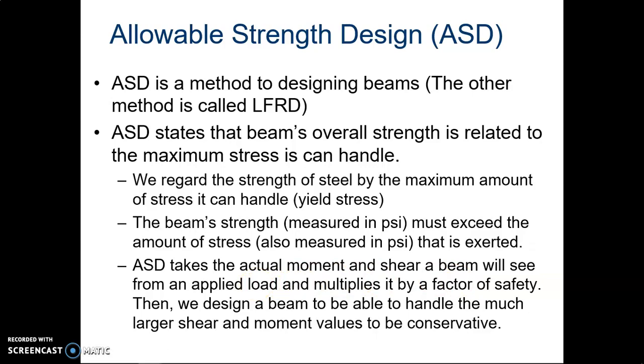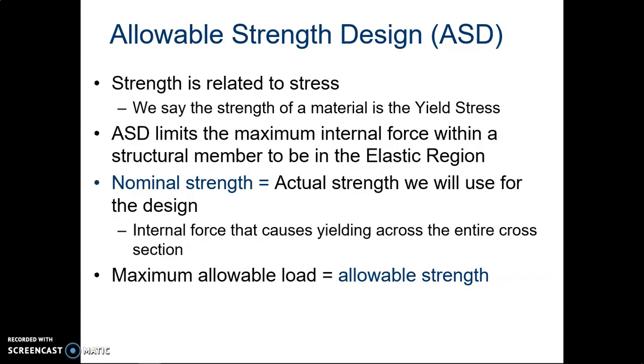So if I analyze a beam by doing the moment and shear diagrams and I find the maximum moment to be like 100 kip feet, I'm going to multiply it by a factor of safety to make it even bigger, and then that's the number I'm going to be designing my beam to. That's kind of how we can be conservative with it.